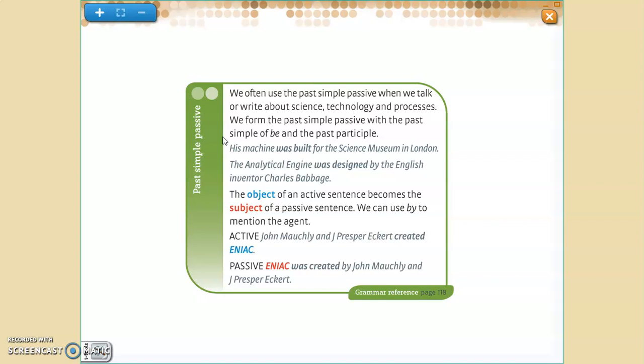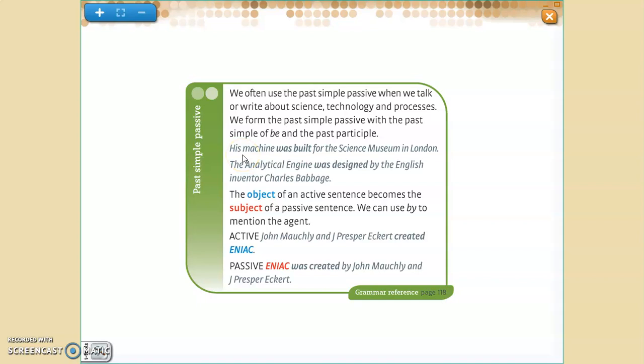Okay, so let's look at an example. His machine was built for the Science Museum in London. Okay, so in this case, we're talking about a machine and we don't know who built the machine.